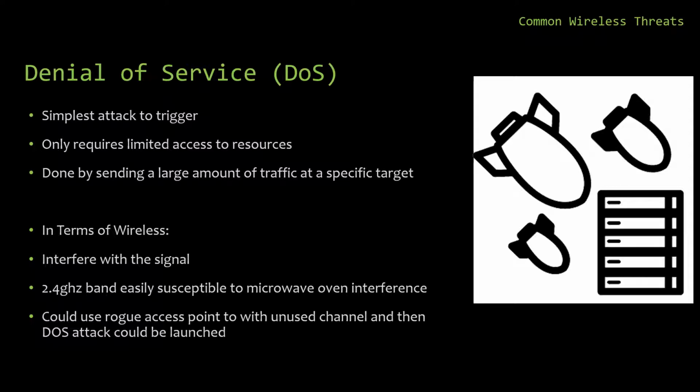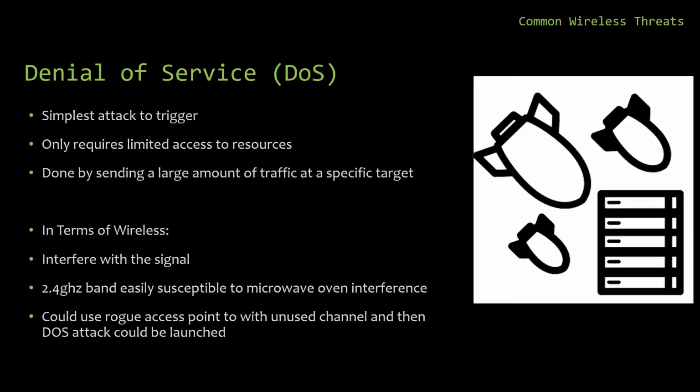We can see these types of things happen all through environments, businesses, and the world from day to day. There are different ways that you could perform a denial of service, and because wireless uses the electromagnetic spectrum, there is absolutely the ability to interfere with the signal.